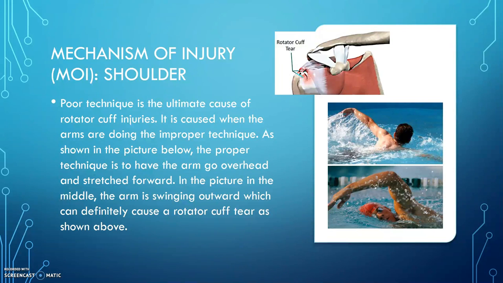So the proper way to do a swimming stroke is to bring your arm up. You want high elbow. You want to make sure your elbow's bent, and then you just stretch it forward. You can't just swing around or else you're going to hurt your arm, which is going to cause a shoulder injury.